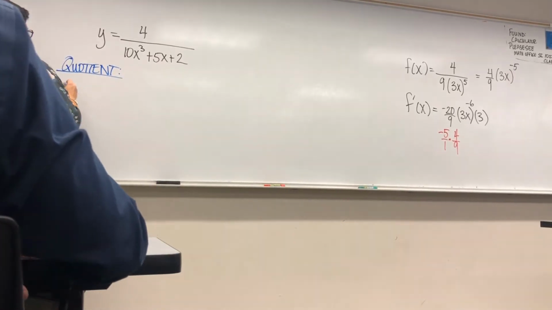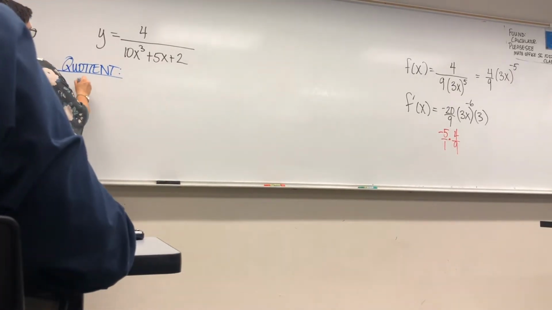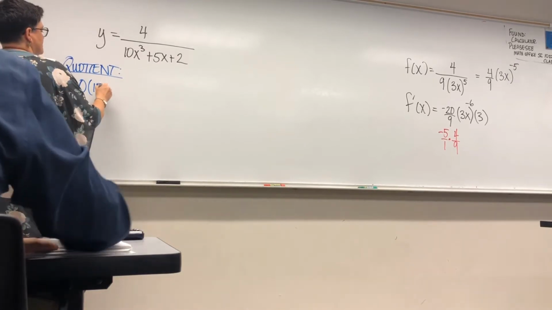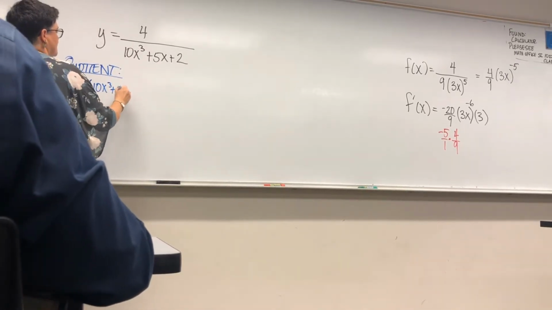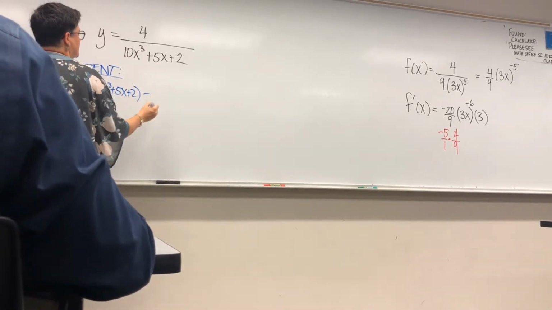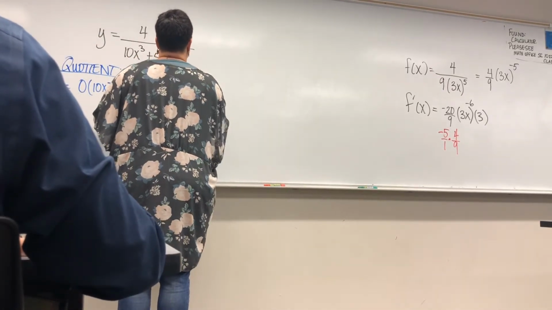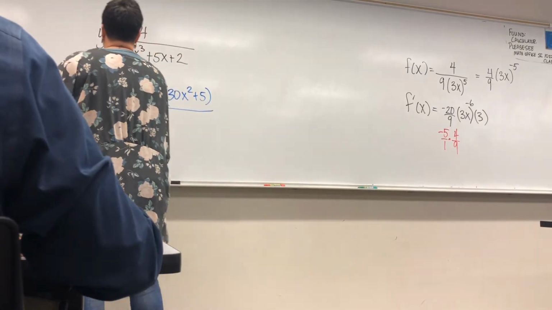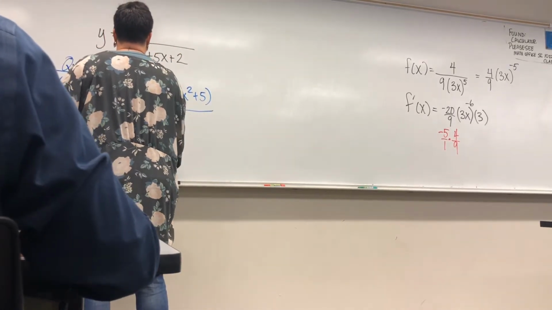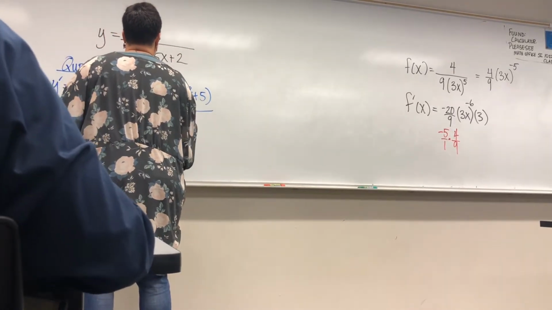So y prime equals u prime is 0 times v, 10x cubed plus 5x plus 2, minus u times v prime, divided by v squared.